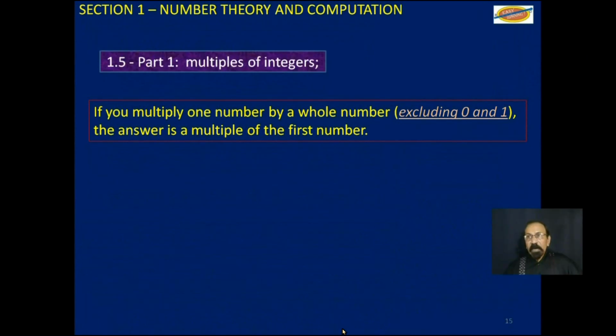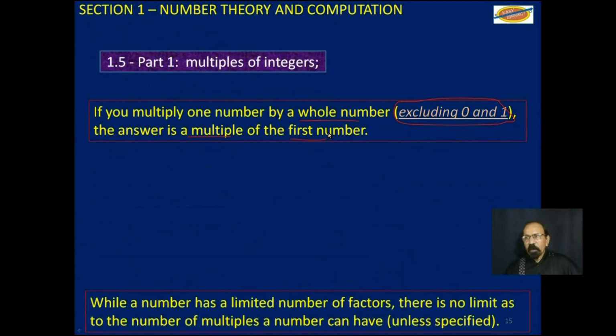So if you multiply a number by a whole number, just repeating, excluding the 0 and 1, the answer is a multiple of the first number. There is no limit as to the number of multiples a number can have unless a range is specified.